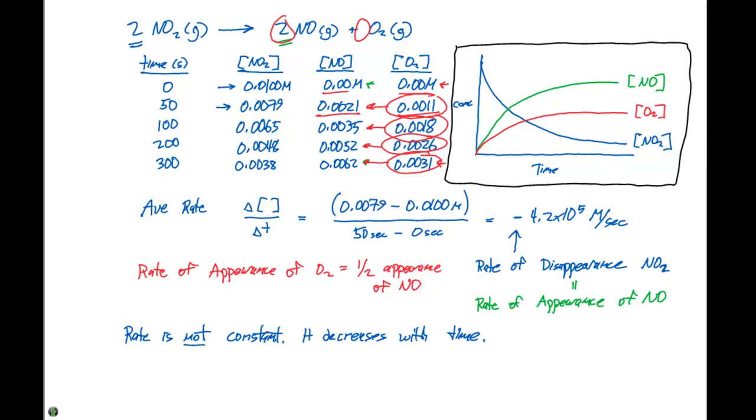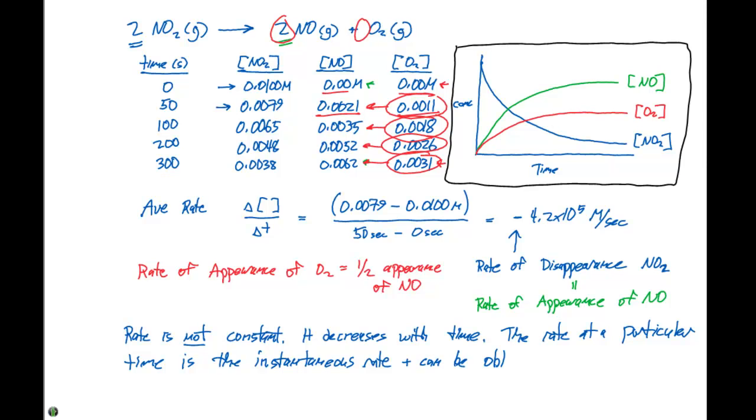The rate at a particular time is the instantaneous rate and can be obtained from the slope at a point.